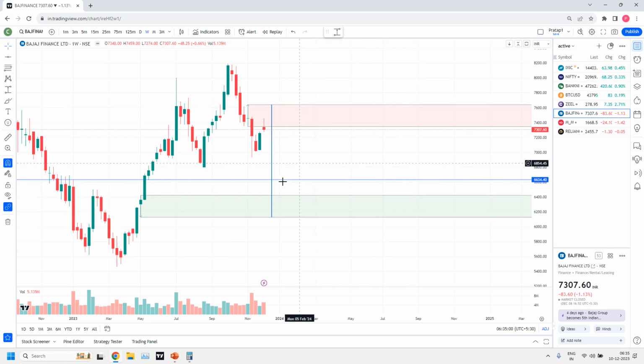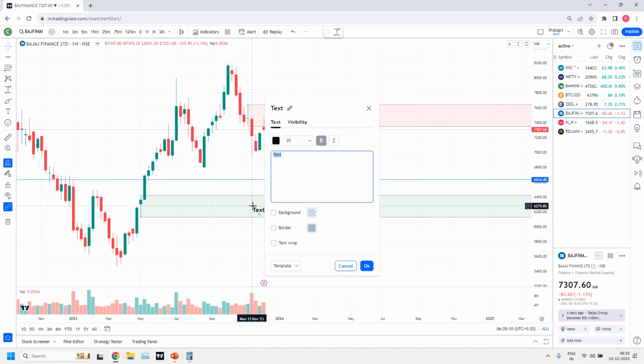So this is called low on the curve, that is buyer's area. Let me add a text. Buyer's location.